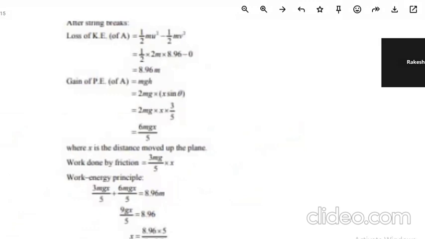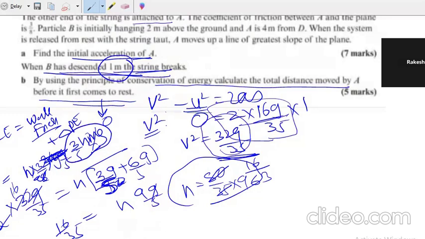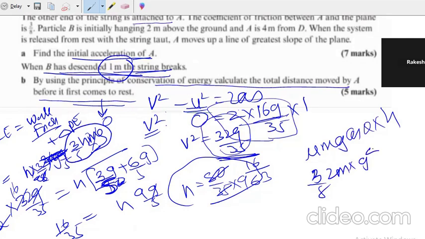So what did I say? I said work done by friction is mu mg cos theta into h. So mu is 3 by 8, 2 m into g into 4 over 5 into, he took x.